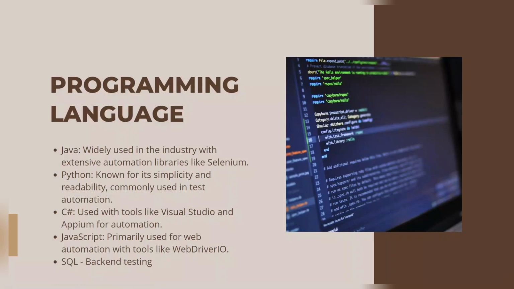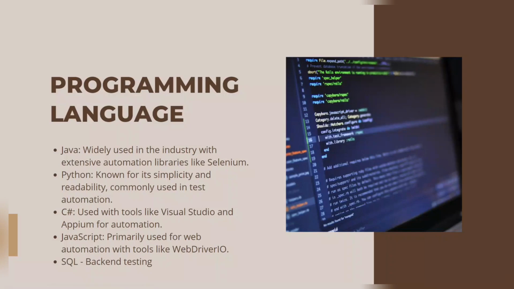When you start your journey from a manual or functional tester and you want to learn automation testing, I will suggest first learning Java or Python. Python is a very simple language. You can easily learn Python as compared to Java. You can decide which language you want to learn first. I will suggest learning Java or Python and then starting to learn the automation libraries.